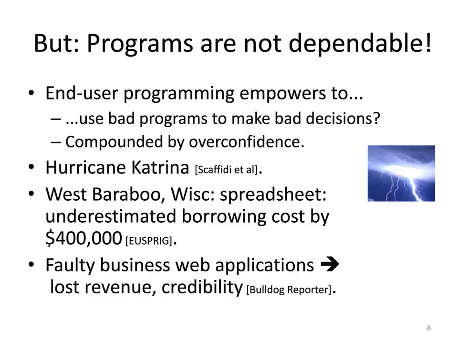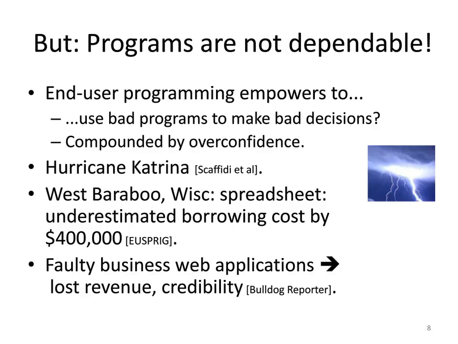Another situation occurred in a spreadsheet. There's a village in Wisconsin called West Baraboo, and they had a budgeting spreadsheet with a formula error, and this caused them to underestimate the borrowing cost of a decision they had made by $400,000. So that was very bad.